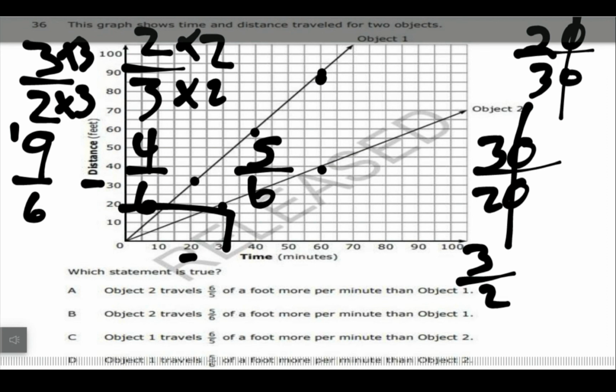We know it's not the 6/5, so it's not A, and that one is 6/5 also. Object 2 is not traveling faster. Object 1 is traveling faster. So then it would be D for that one.